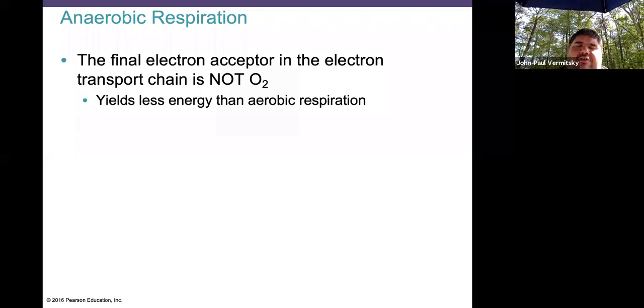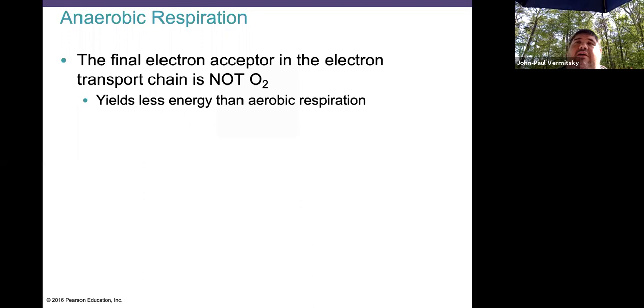When that occurs, there's nothing left. All the shuttles are full. There's no more shuttles to pick up your electrons. When that happens, you can't even go through glycolysis anymore. And if you can't go through glycolysis, metabolism comes to a complete halt. And when metabolism comes to a complete halt, the cell dies.